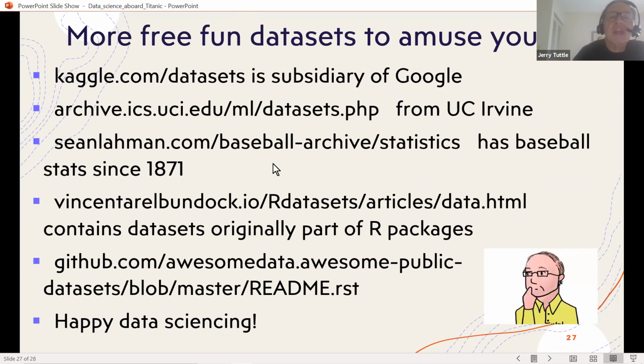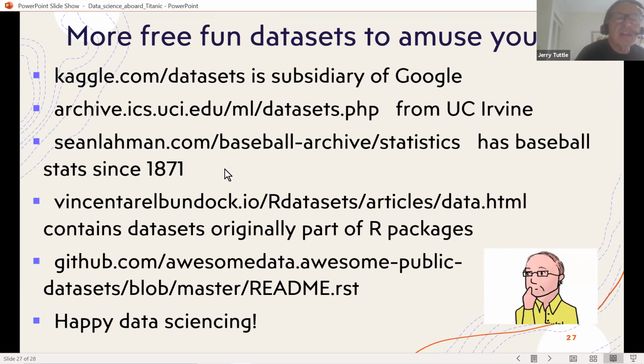This was a free database from the Kaggle dataset, subsidiary of Google. There's just lots of free fun data sets out there to play with. UC Irvine seems to like to do this. For all the baseball fans among us, Sean Lahman spends an inordinate amount of time giving baseball data freely available.